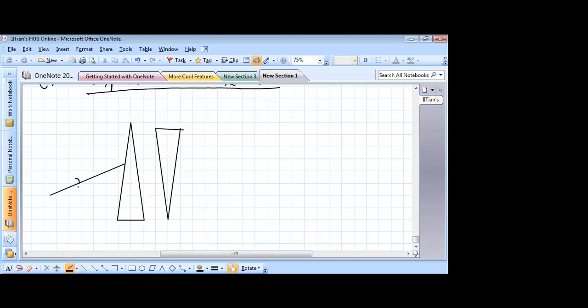So white light incident here should split in such a way that it emerges something like this. It emerges parallel.